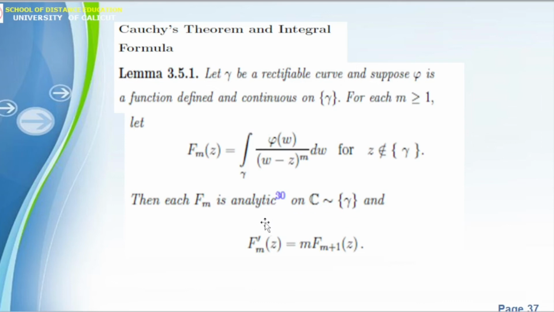Let f m of z be equal to the integral over gamma of phi of omega by (omega minus z) raised to m, for z not belonging to gamma. Then each f m is analytic on C minus gamma, and f m dash of z is equal to m into f m plus 1 of z.